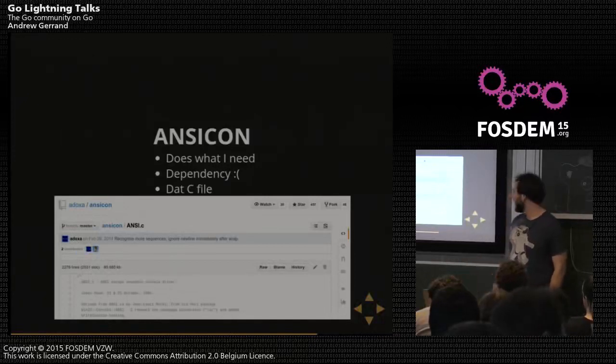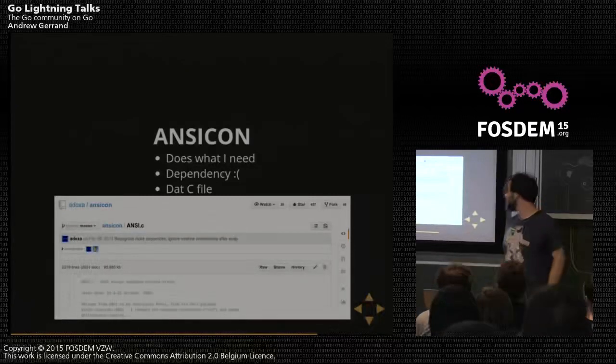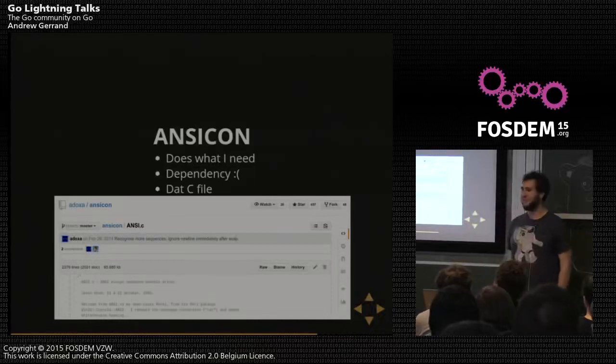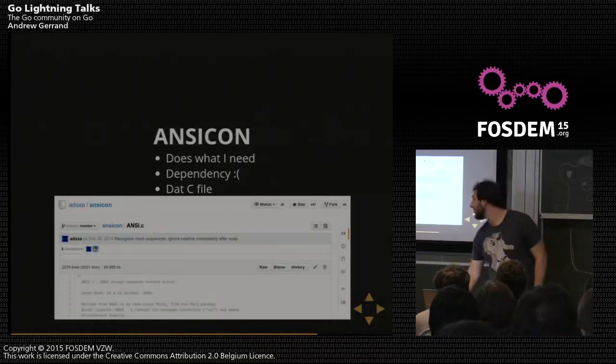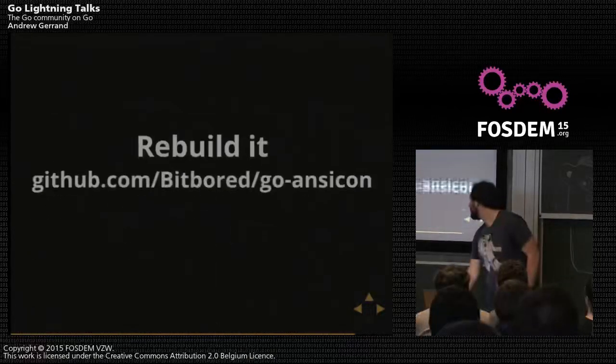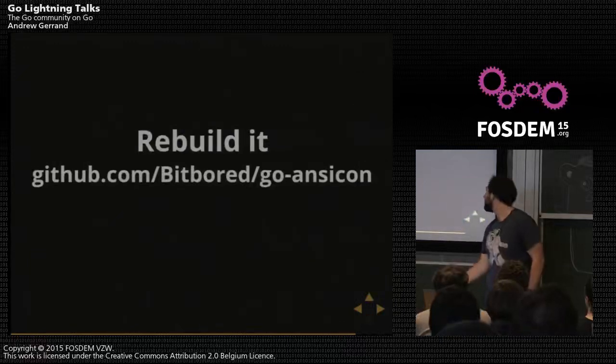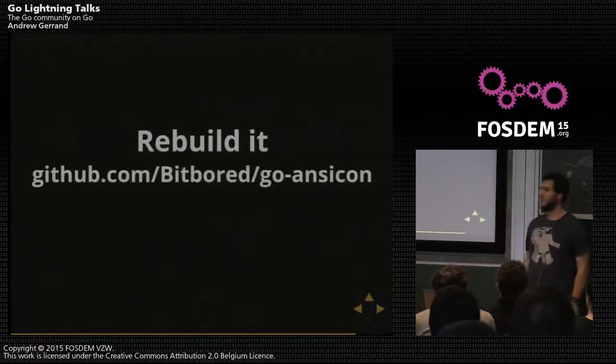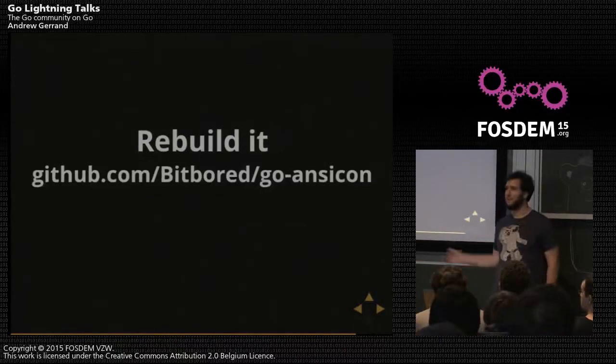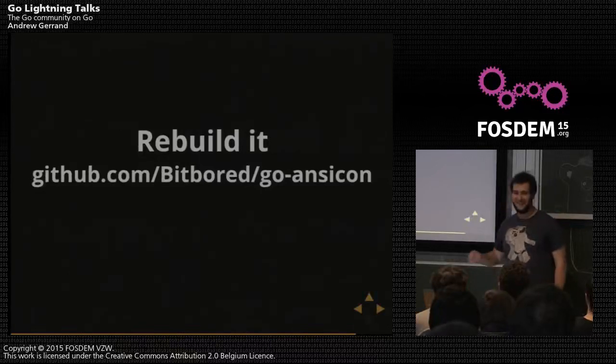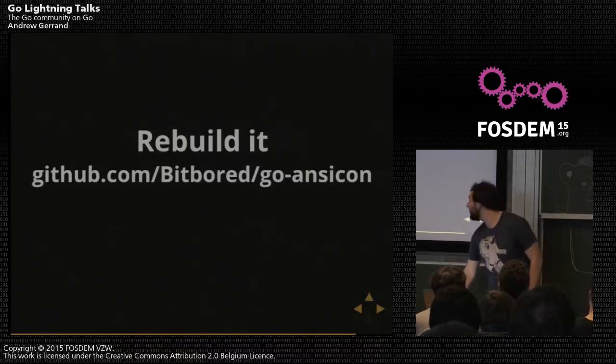But it's basically a big C file with all the logic in there, like 2,000 lines of code of states and stuff. So not really nice. So let's rebuild it. What I did is make a Go fork of the C program and start everything from scratch, actually copy-pasting the code and adapting it to Go code.